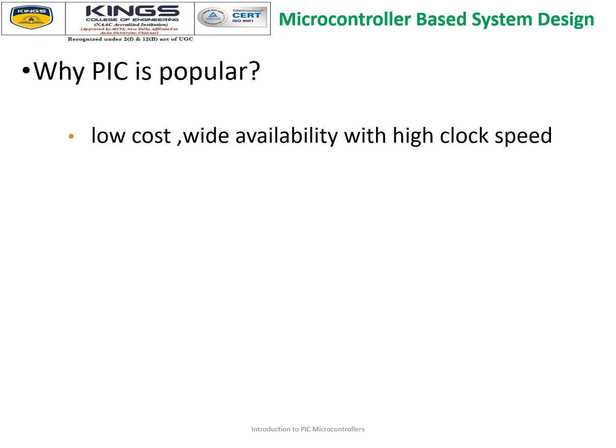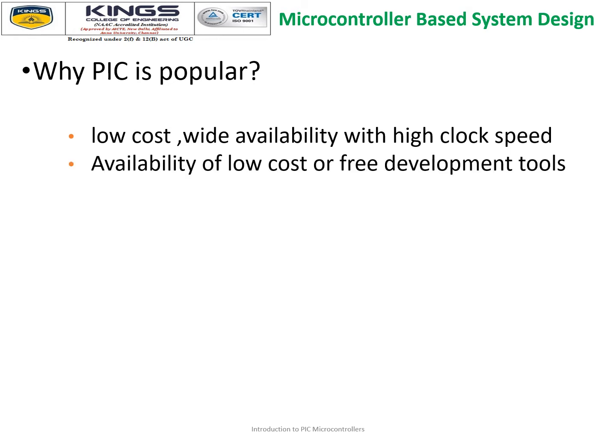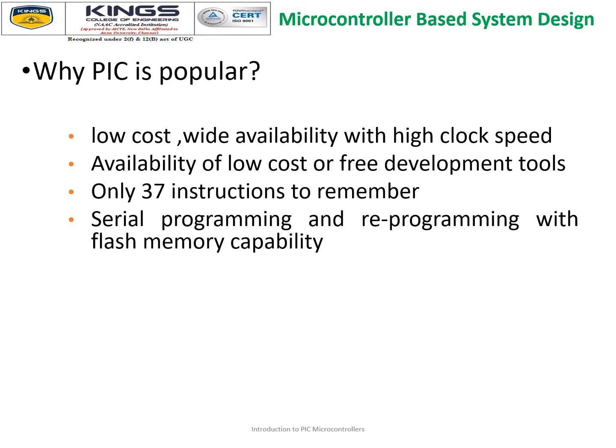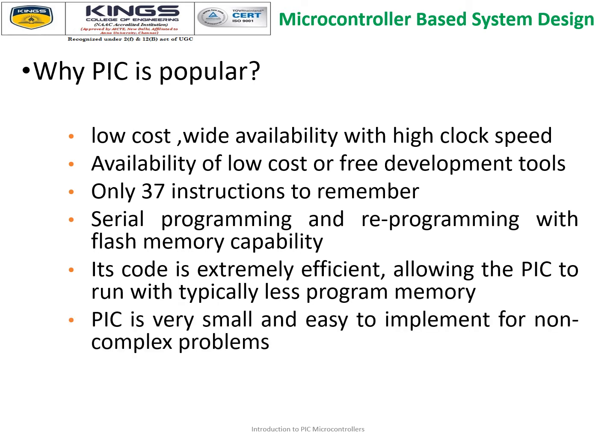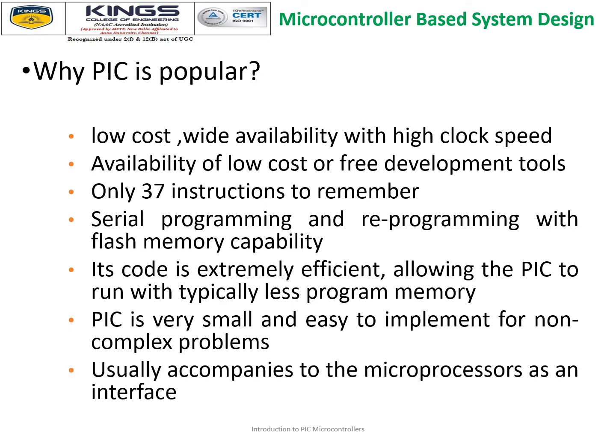So why is this PIC popular? Because of its low cost, wide availability and high clock speed. And also it has low cost or free development tools. There are only 37 instructions, serial programming as well as reprogramming with flash memory is available, and its code is extremely efficient and therefore it runs with less program memory, and it is also very small and easy to implement for non-complex problems also.